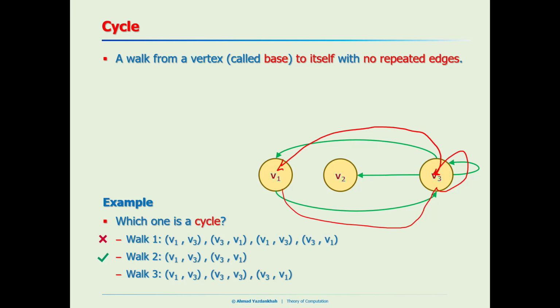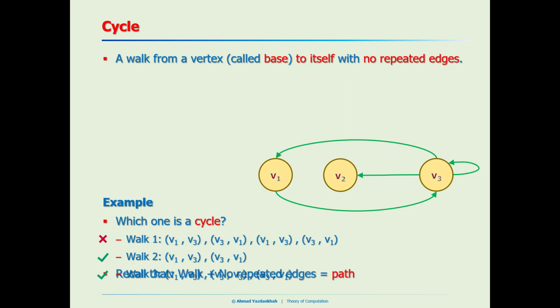So these three edges are visited only once, and we started from here and return back to here. All of these requirements are satisfied, so this is definitely a cycle.